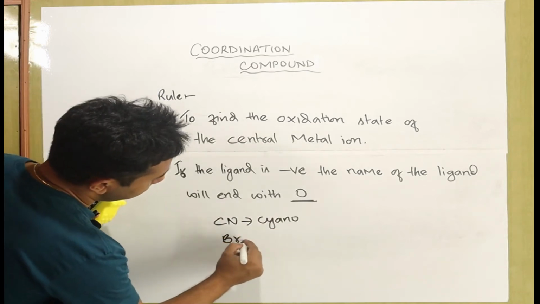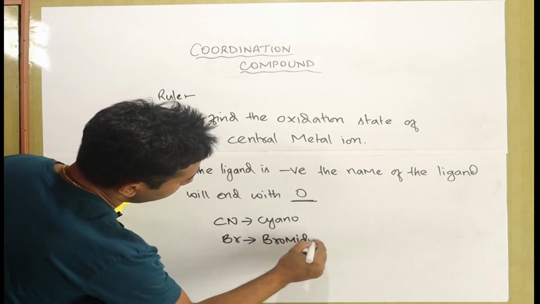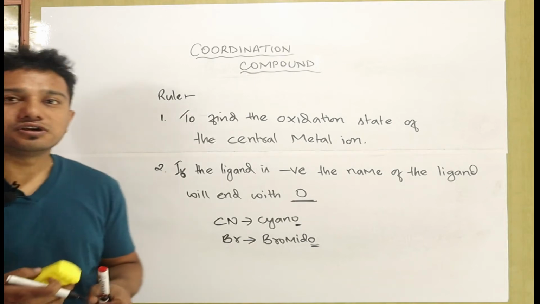Even bromide is negative, so we write it as bromido. So it ends with O here. This is rule number 2.